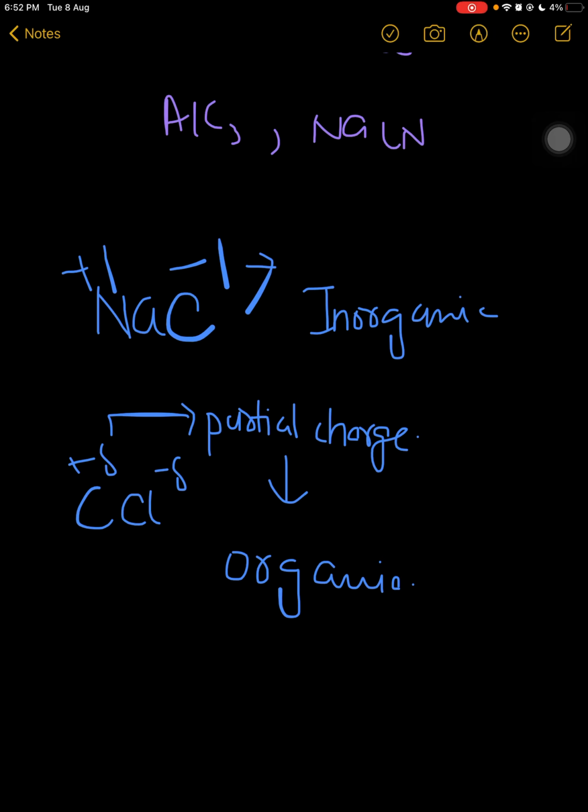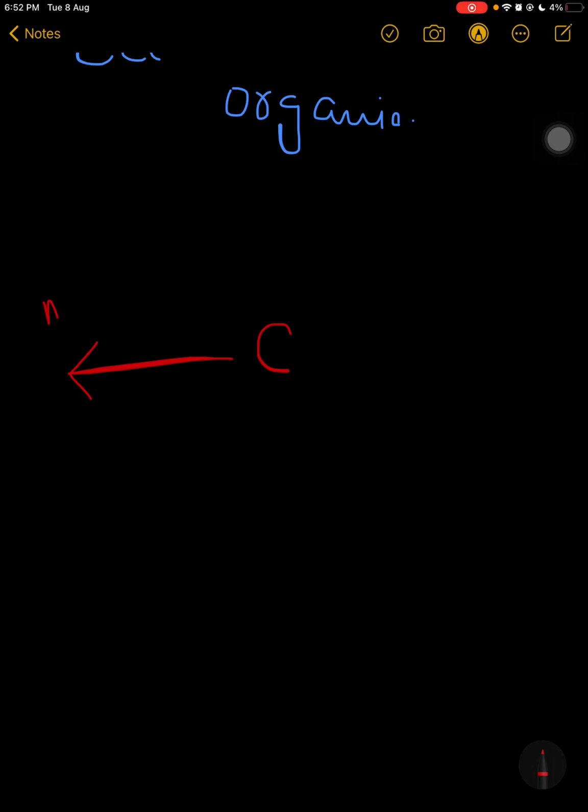So we know that in the periodic table carbon is placed in the middle, right? On this side there are metals and on this side there are non-metals, and carbon is placed in the middle. So that's why the valency of carbon is also plus minus 4.